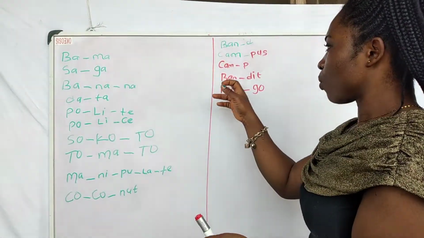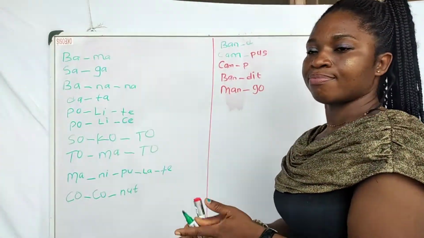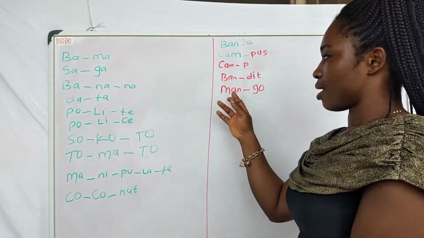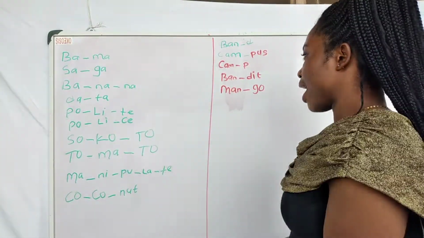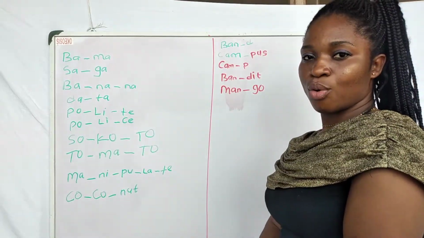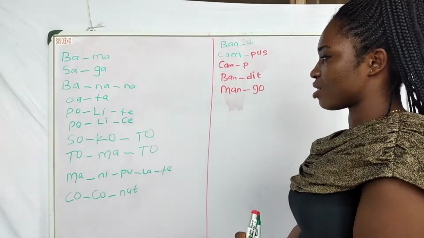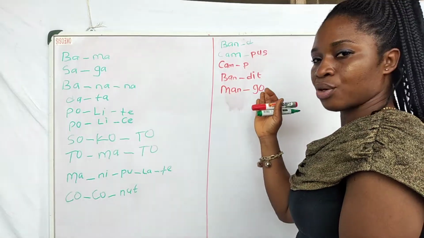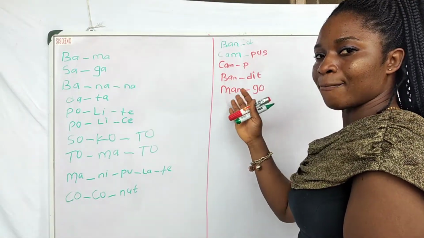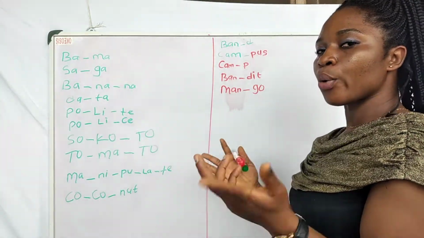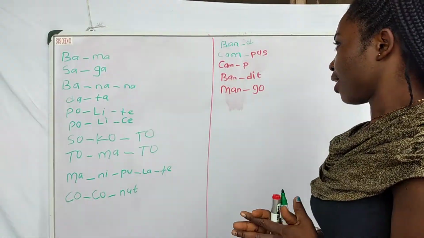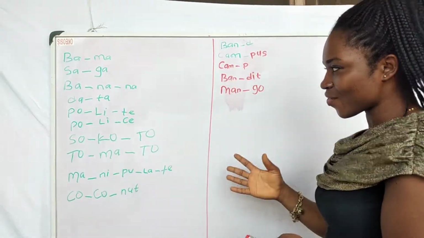This equally is a word, a meaningful one. This is ban. This is man. And we have go. So this put together is giving us mango. Mango, the fruit we know. Okay, so this is this 5.